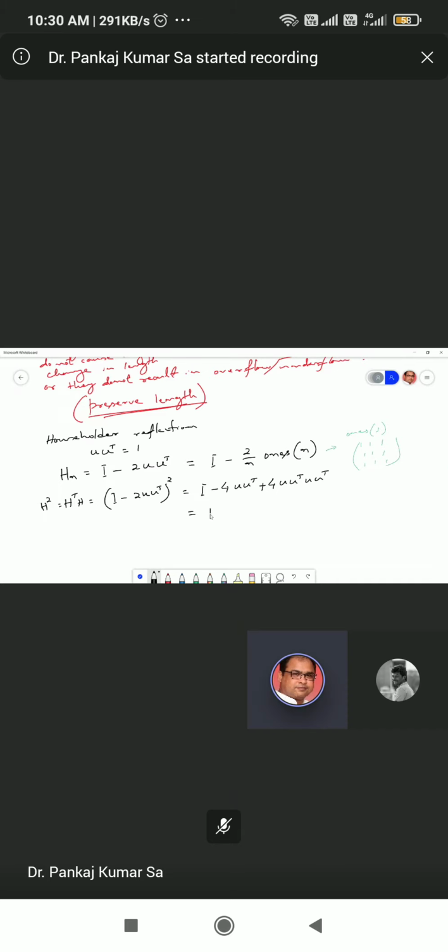That I can write as I minus 4 U U transpose plus 4 U U transpose, since U transpose U is equal to 1. So that is equal to I. So whatever you take, it still becomes I.